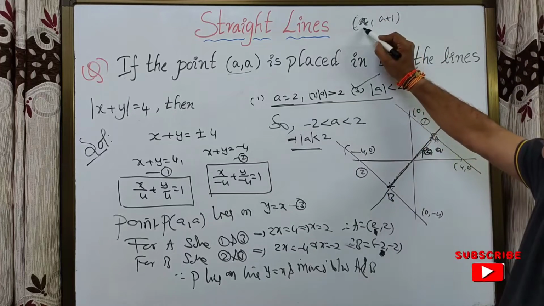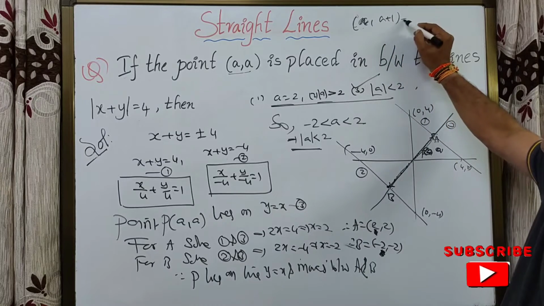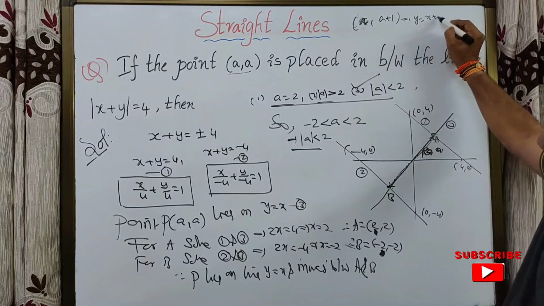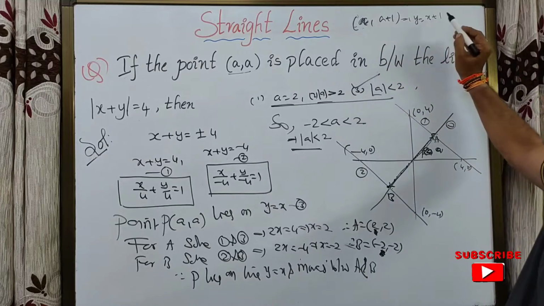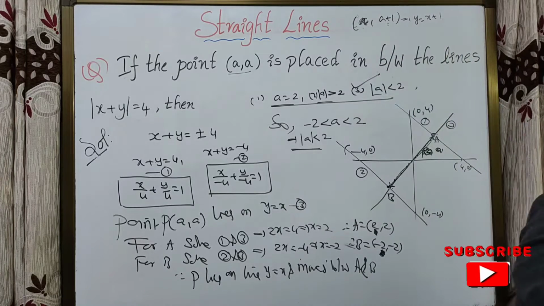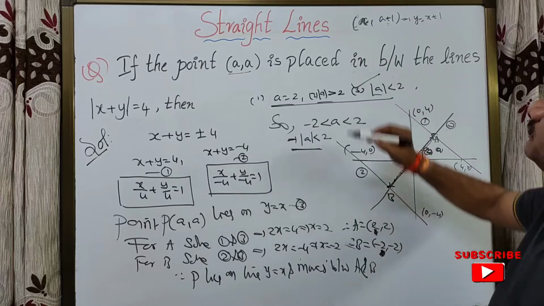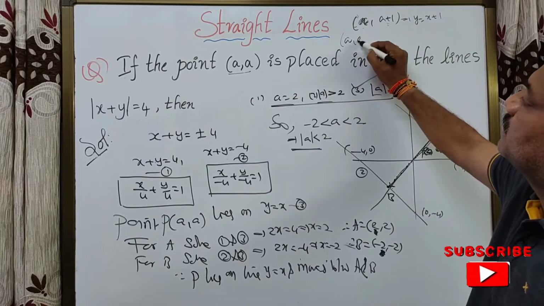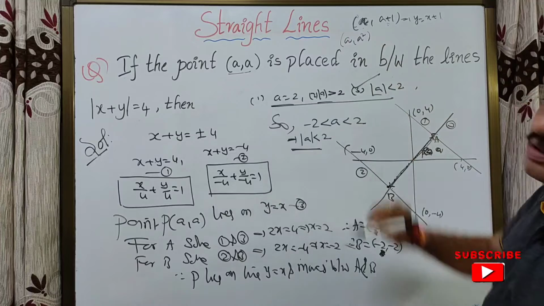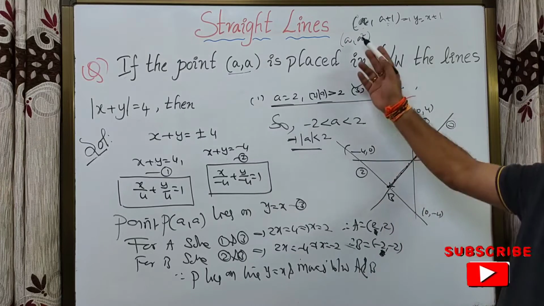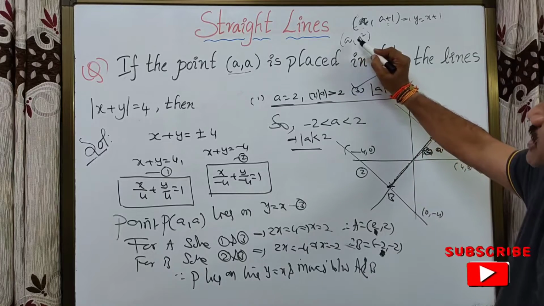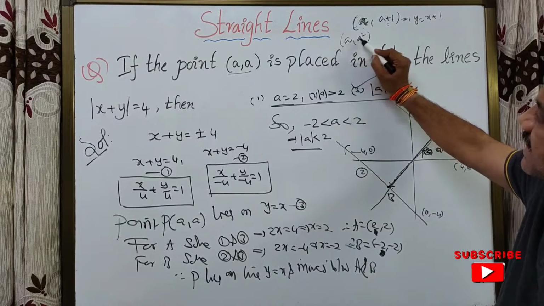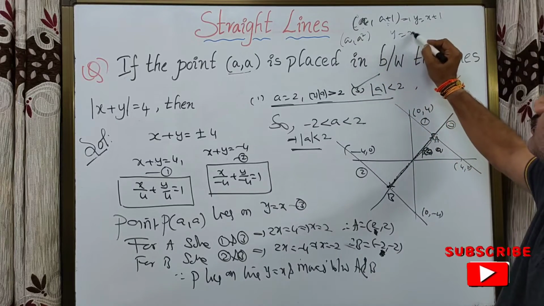Here x is a, y is a+1, so it lies on y equals x+1. For example, if you take the point (a, a²), where does it lie? x is a, y equals a², so y equals x².